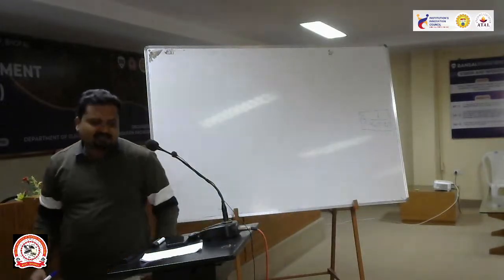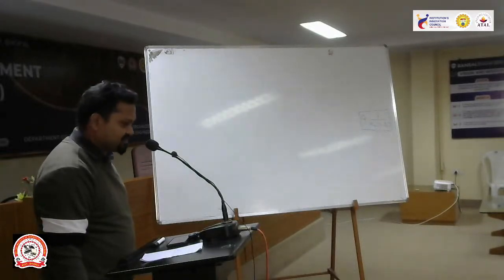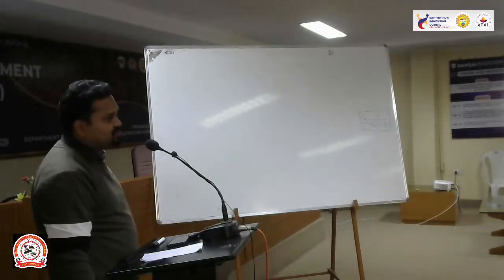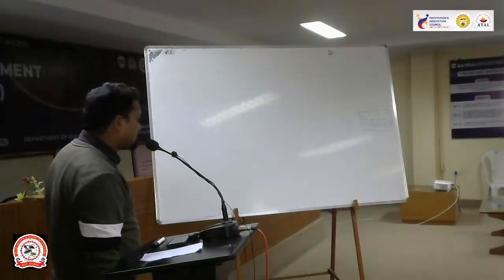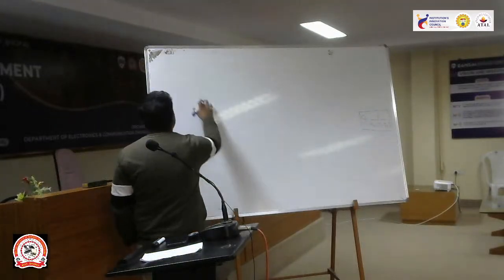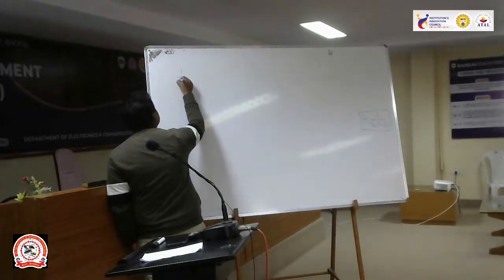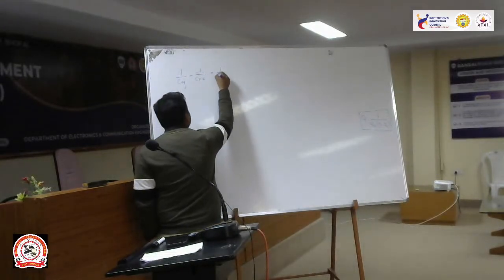Now we are discussing the case of FEDE heterostructure. Now in FEDE heterostructure, both the ferroelectric and dielectric capacitances are in series to each other. So what can I write? I can write 1 upon C equivalent equals 1 upon CFE plus 1 upon CDE.